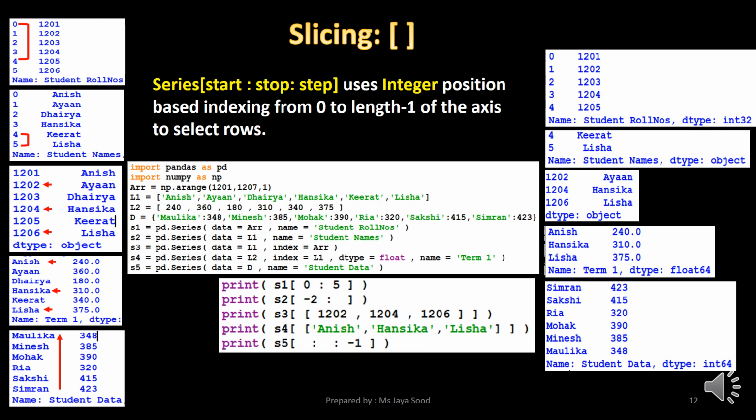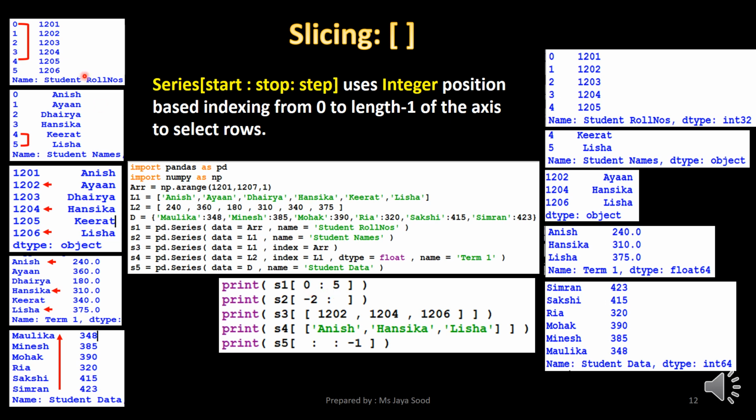The slicing operator also uses integer-based indexing to select rows. We need to specify the start value, stop value and the step value separated by colons within the square brackets. Continuing with our previous example, let us have a look at these print statements. Print s1[0:5] will start the selection from the row index 0 and will stop before the row index 5.